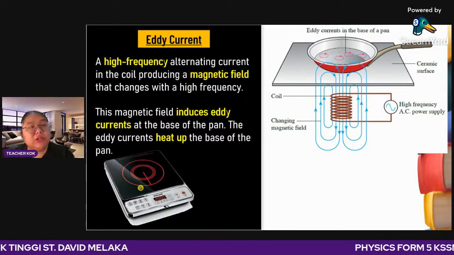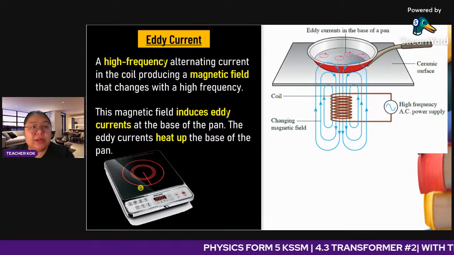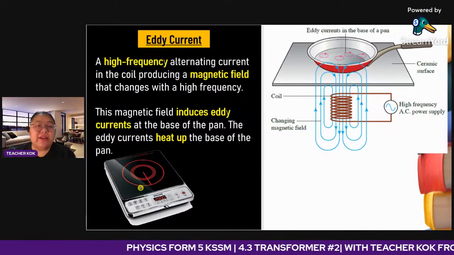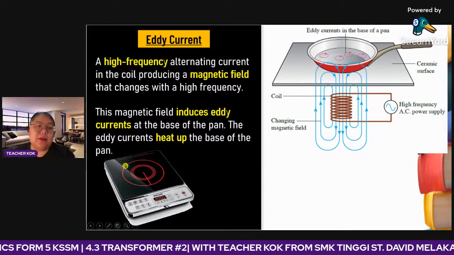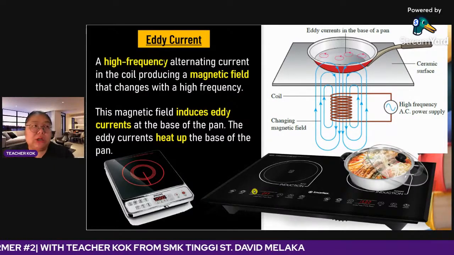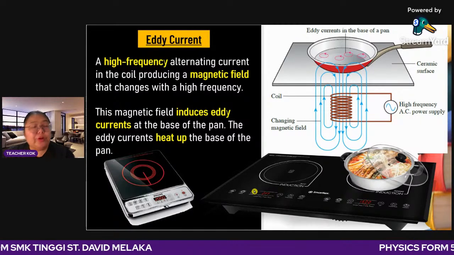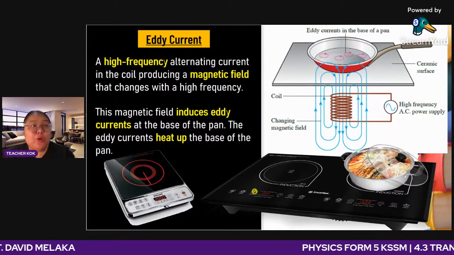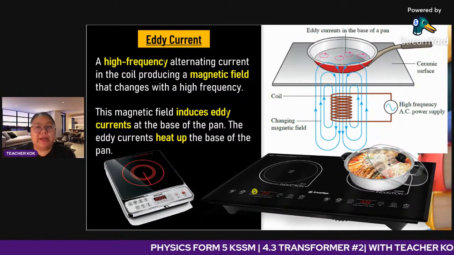So when the alternating current goes, it changes the magnetic flux, then produces the eddy current. This eddy current will heat up the base of the pan. This is an induction cooker. They use the concept of eddy current to produce heat, so they can cook faster. This is an application of the eddy current.